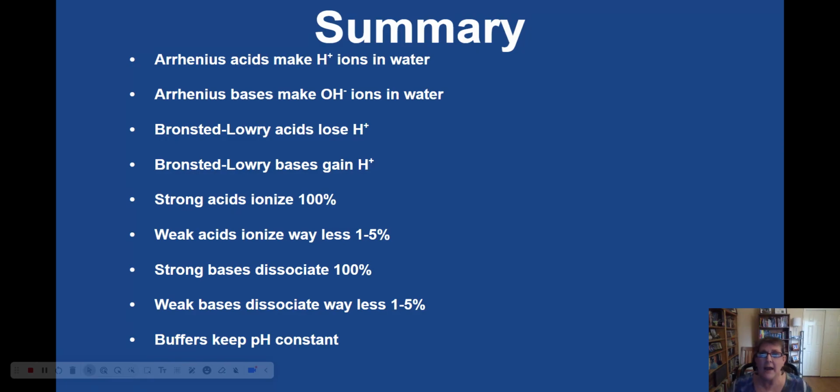Strong acids ionize 100%. Weak acids ionize way less, 1 to 5%. Strong bases dissociate 100%. Weak bases dissociate way less at 1 to 5%. And buffers keep the pH fairly constant.